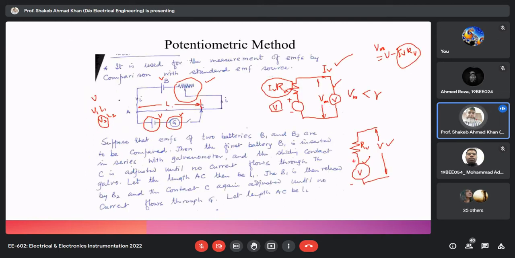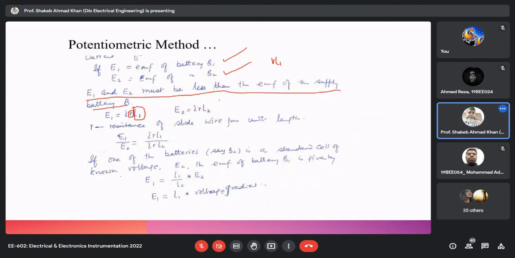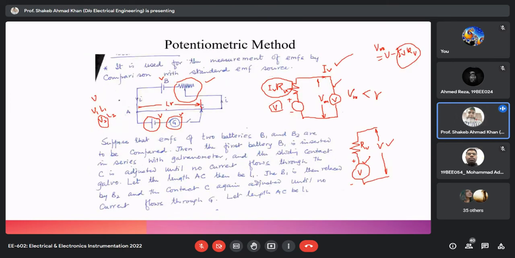If suppose it is L, so r into L is the resistance of this section, because r is the resistance of the potentiometer wire per unit length. So when we multiply this small r with the length of the wire, we get the total resistance of that section of wire. And when we multiply this I, because you see, this is the current I which will flow when the potentiometer is connected to the battery B.